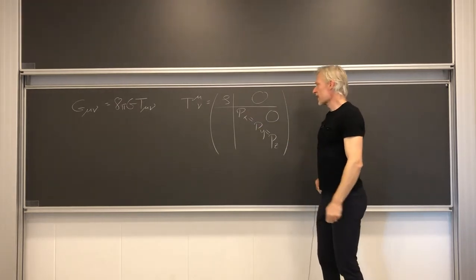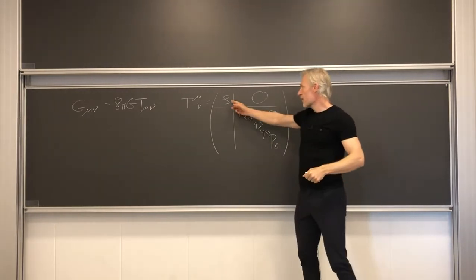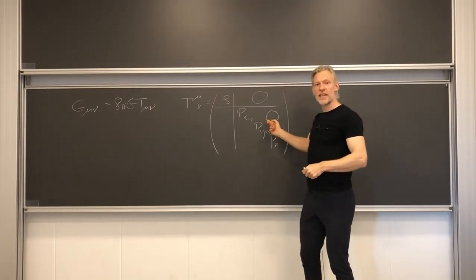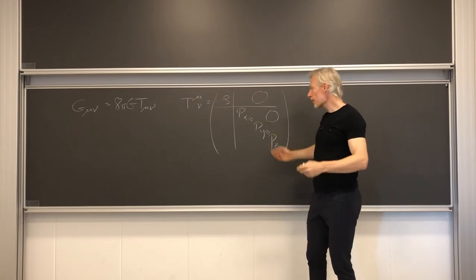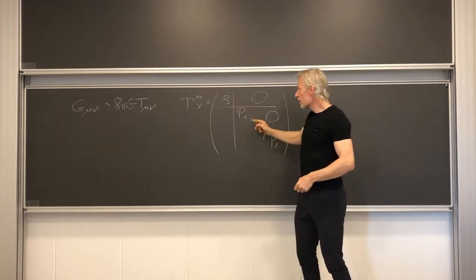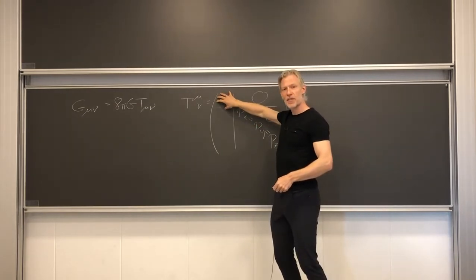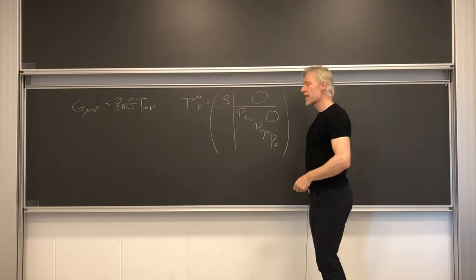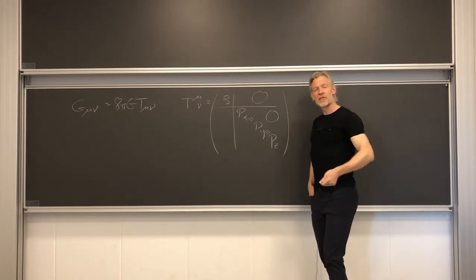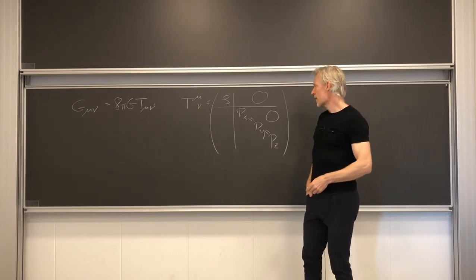So these are identical. That means there are only two quantities that enter the stress energy tensor, the local energy density and the local pressure in the system. That's all there is to it. And you can see already here that means there's one equation related to the 0, 0 component and another independent equation related to the spatial components of the Einstein equation.